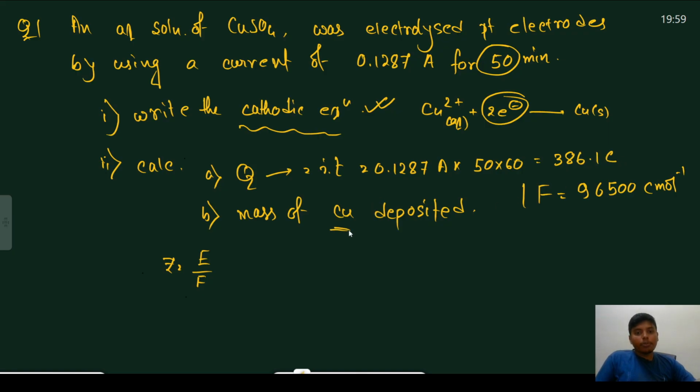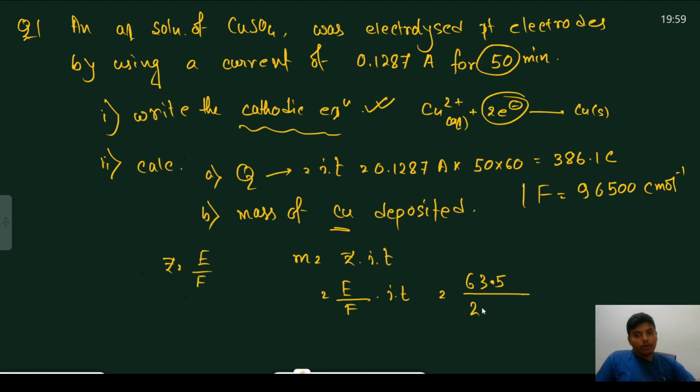Now, how much mass of copper is deposited? M equals Z into I into T. Z equals E by F, into I into T. Now what is E? E means equivalent mass. Equivalent mass of copper means 63.5 divided by 2. Yes or no?